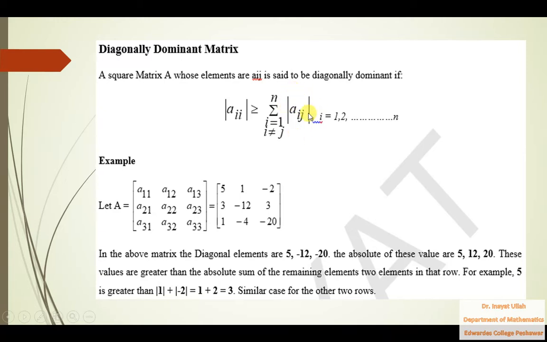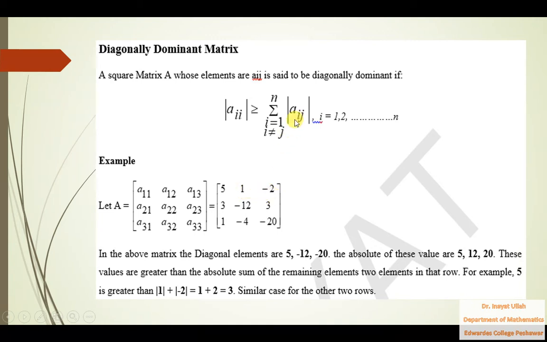that corresponding row. For example, we see here this 5 is the diagonal entry for the first row, and if you look at this 5, it is greater than the sum of the absolute values of 1 and minus 2.